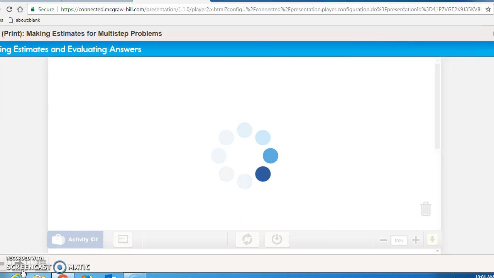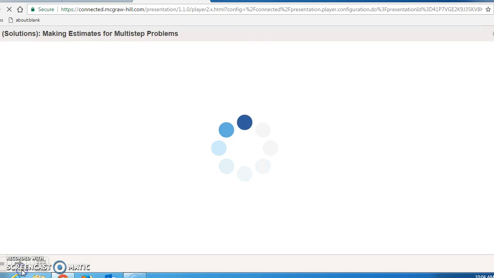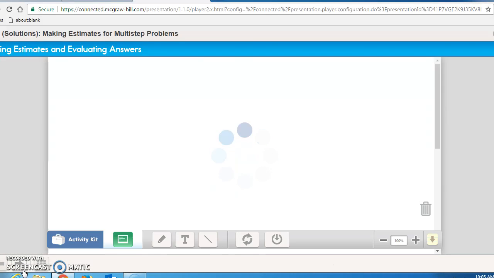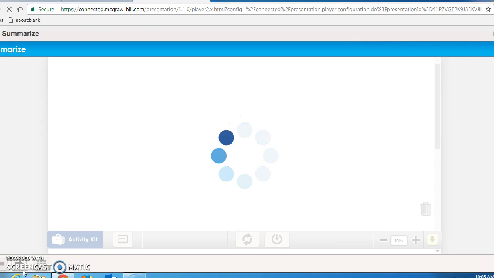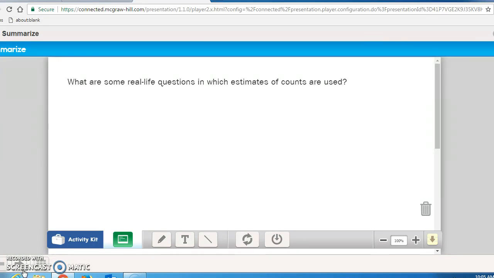That's what the page should have looked like. This is the answer that we just did together. And now we're moving on to real life questions in which you might need to estimate. If you were at a football game and your mom asked approximately how many people were there, you'd look at about how many people were on each bleacher, count the bleachers up, round them to 20 or 30, whichever is closest, and then multiply them together.